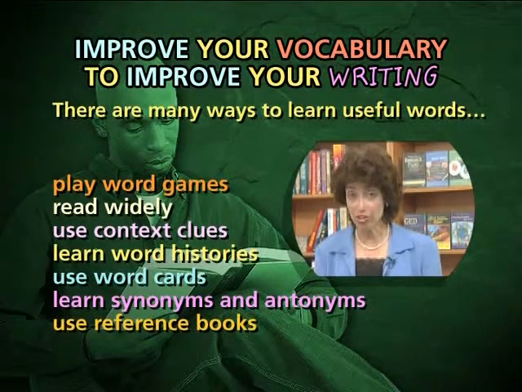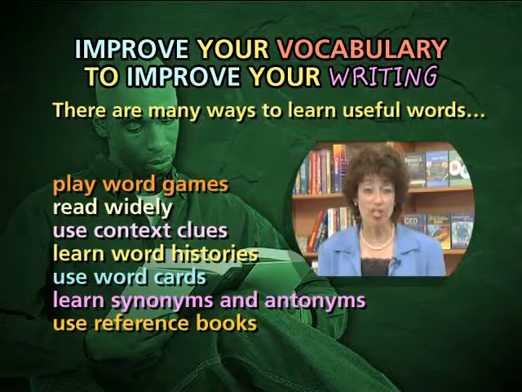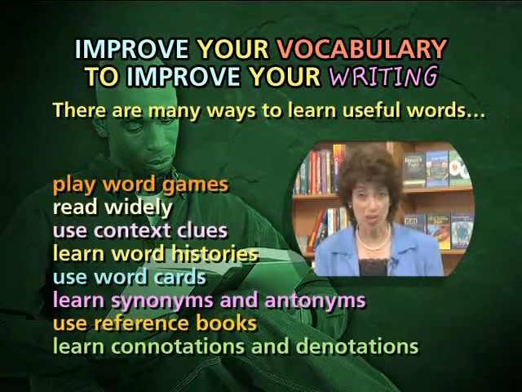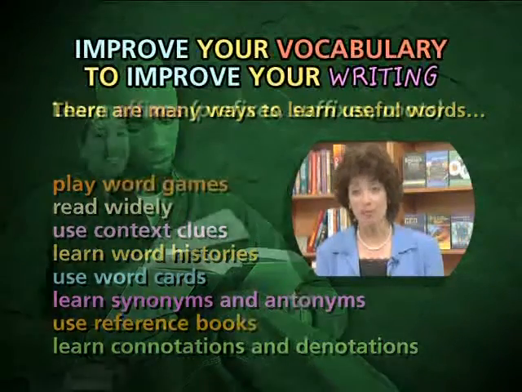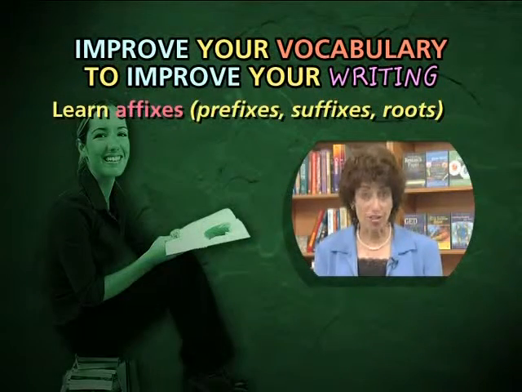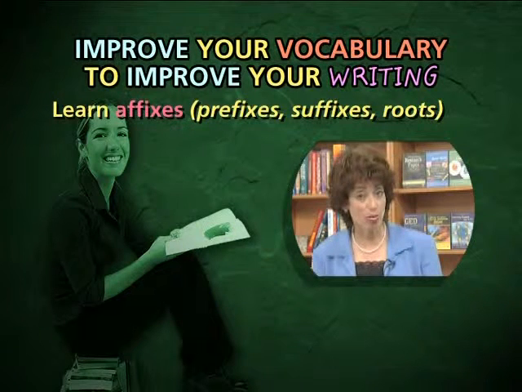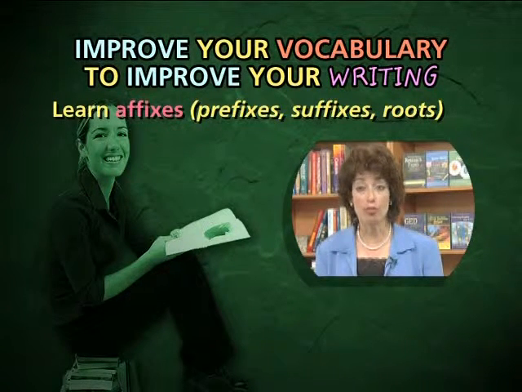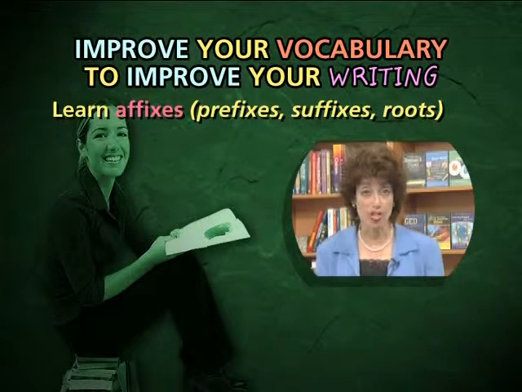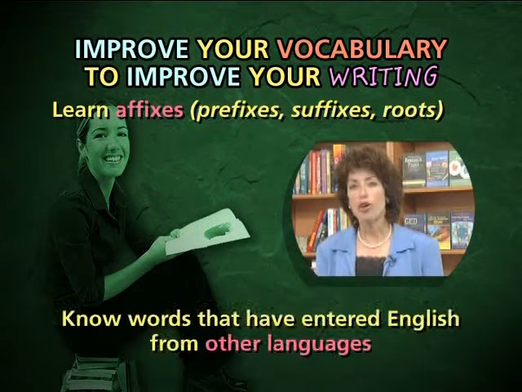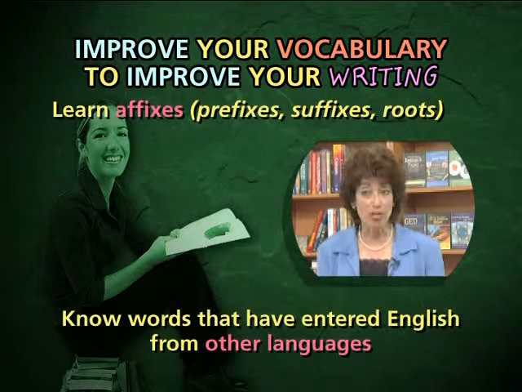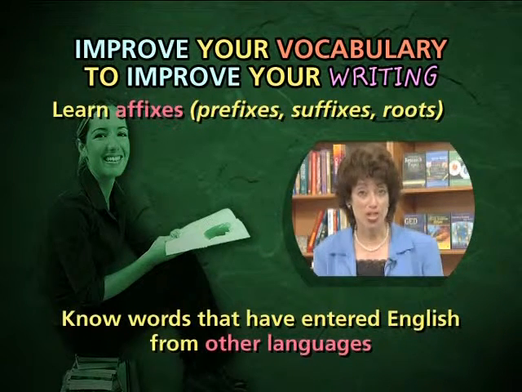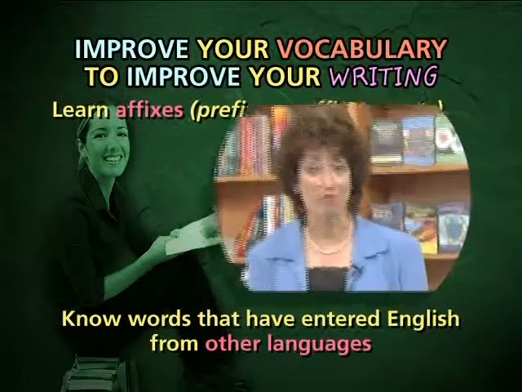You can use reference books, such as dictionaries and thesauruses, and learn connotations as well as denotations. Learning affixes, those are prefixes, suffixes, and roots, gives you the skills to decode many new words and to use them properly in your speech and your writing. Knowing words that have entered English from other languages also helps you express yourself with precision and with style.